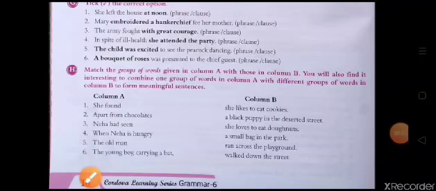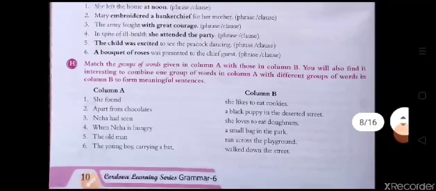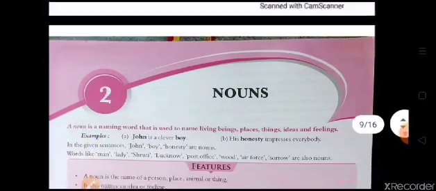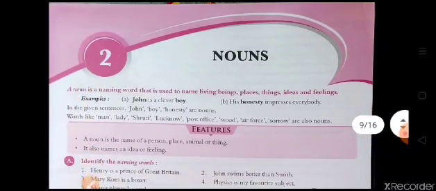After the completion of these exercises, we move to the next chapter. The next chapter is nouns. As you all know, and you have studied earlier in your previous classes, a noun is a naming word that is used to name living beings, places, things, ideas, and feelings. For example, John is a clever boy.